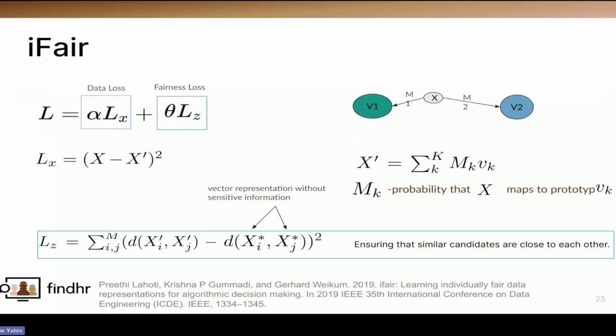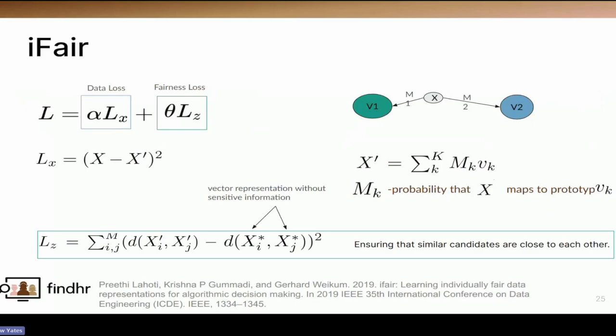The data loss is the same as with LFR. The fairness loss is a little different. So here, rather than considering groups, the distance between different candidates is considered. The idea is to ensure that similar candidates remain close to each other in the new feature space.